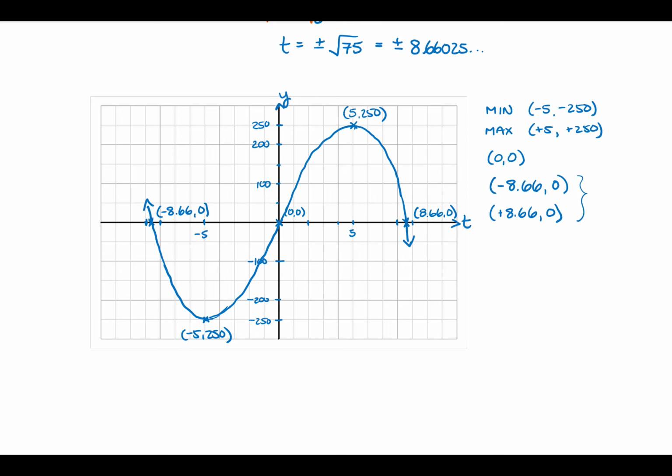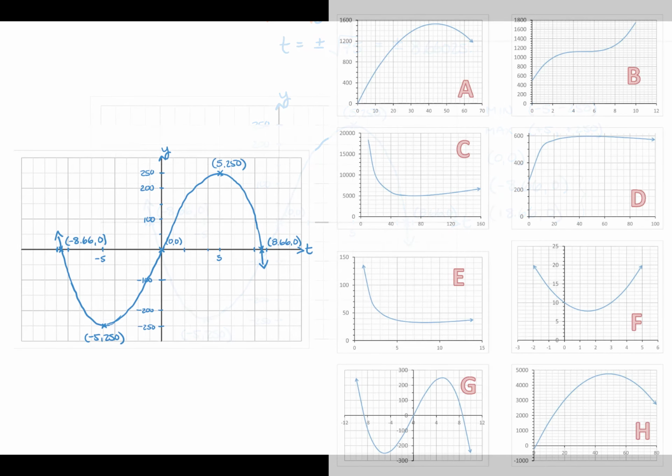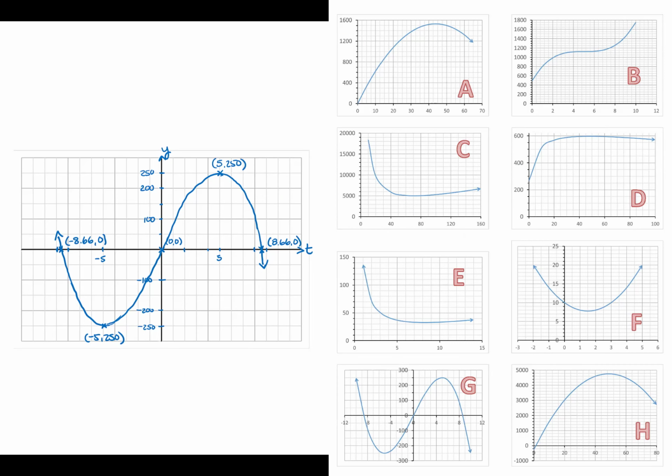Now, I always think it's a valuable exercise to try graphing by hand. You can do it digitally, but on your tests, you will be asked to graph at least once throughout the year by hand, so it's good to practice doing it by hand. This question referred to a second page and said, tell me which graph this is.